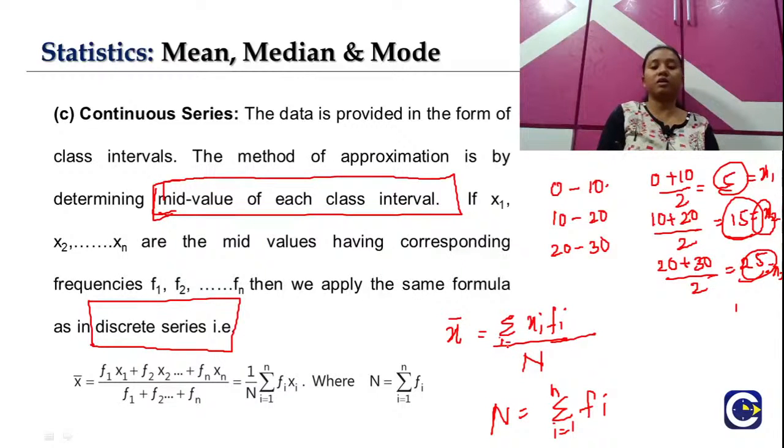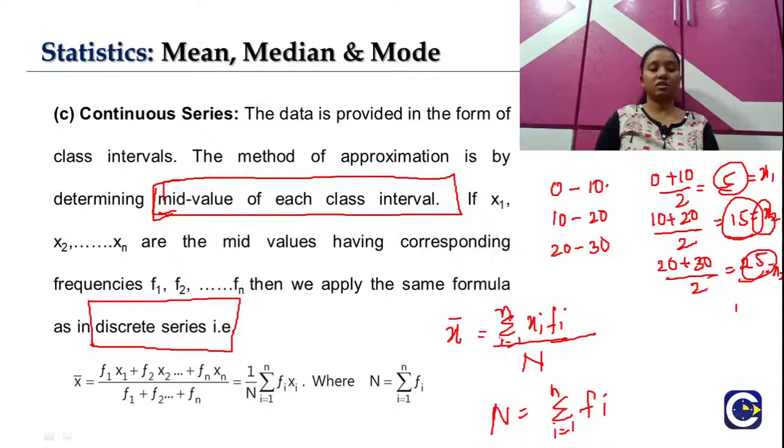So the same formula will be applied, but the only difference you can identify when it comes to the continuous series is that the x1, x2, x3 and so on values are nothing but the mid values of each class interval.